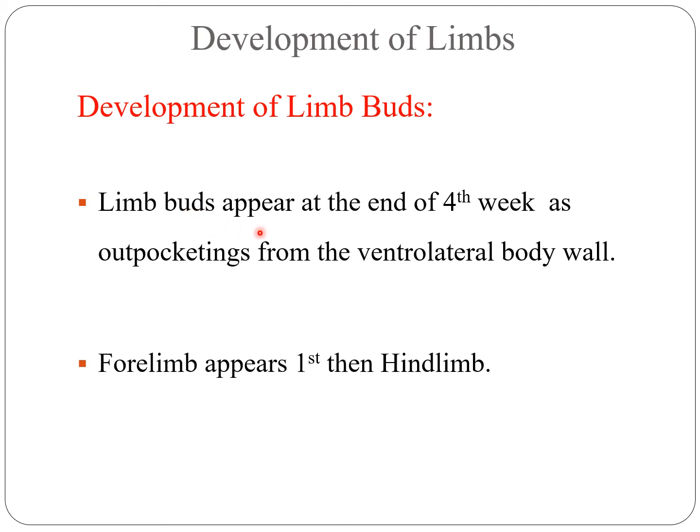And the forelimb appears first, then the hind limb, which means that our upper limb appears first, then the lower limb. The difference between both is 1 or 2 days. So the bud of the hind limb or lower limb appears 1 to 2 days later than the upper limb.